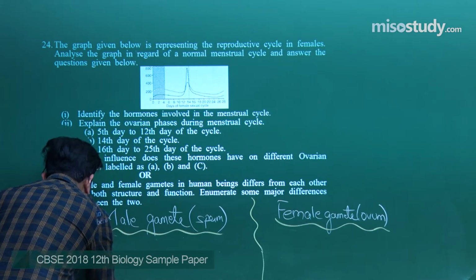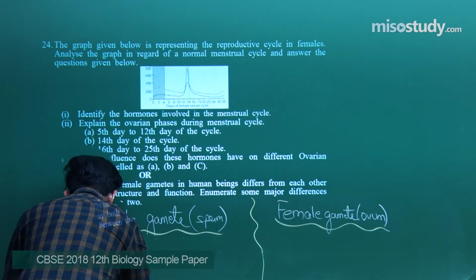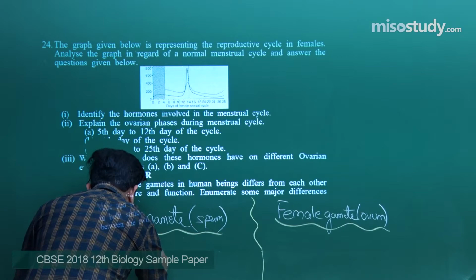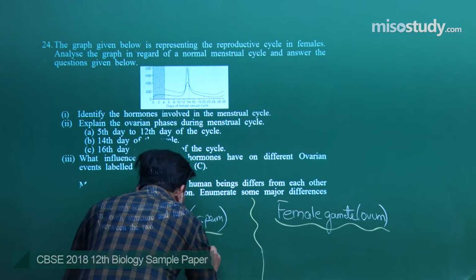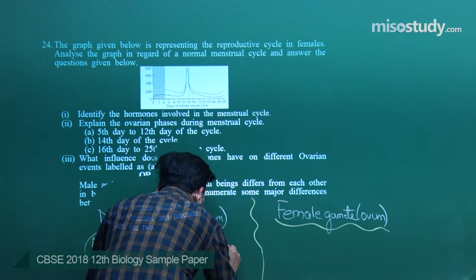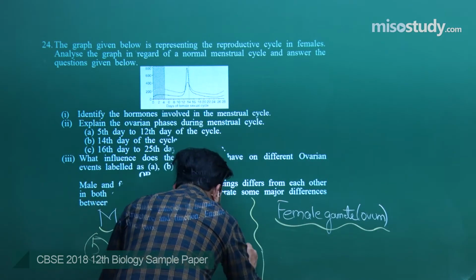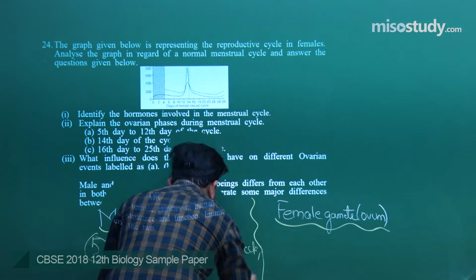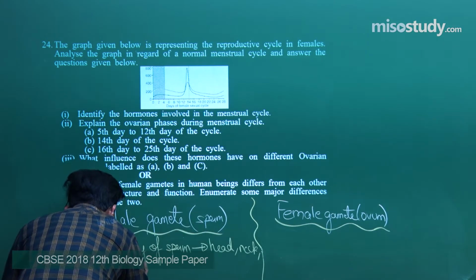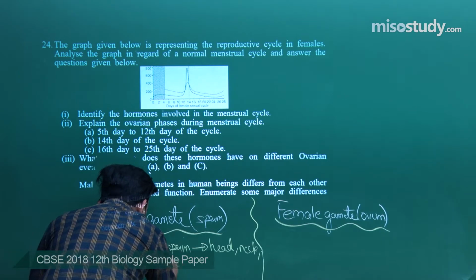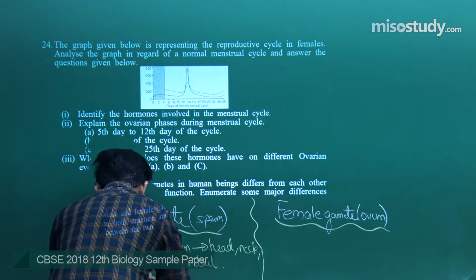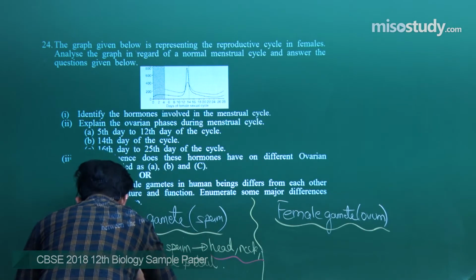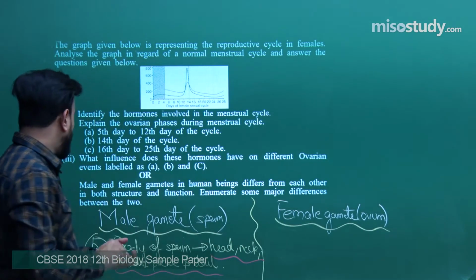The last point, again I'll rub this, sorry. The fifth one, the body of the sperm is differentiated into the head, the neck, middle piece and tail. Okay, the body of the sperm.